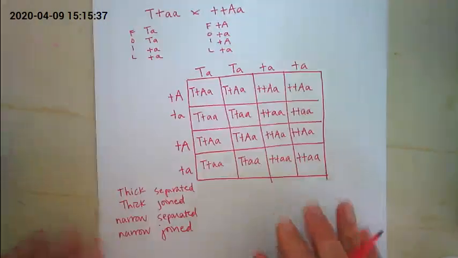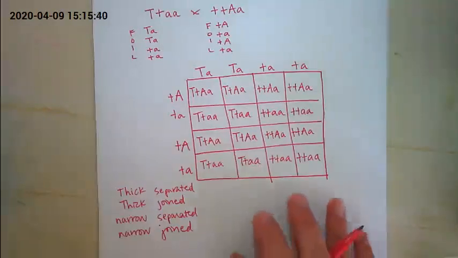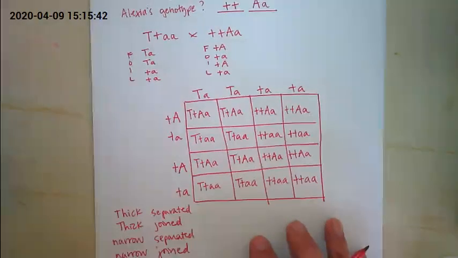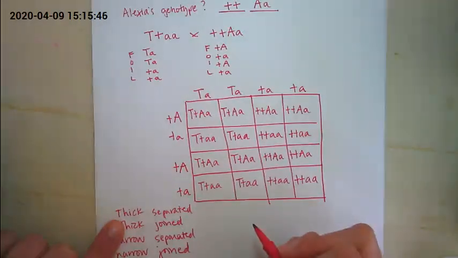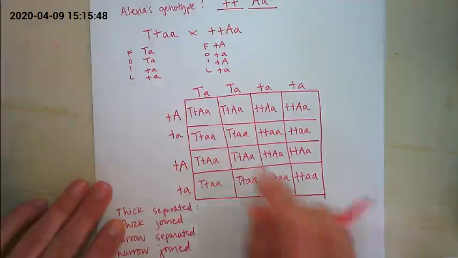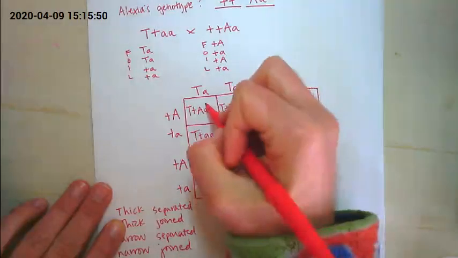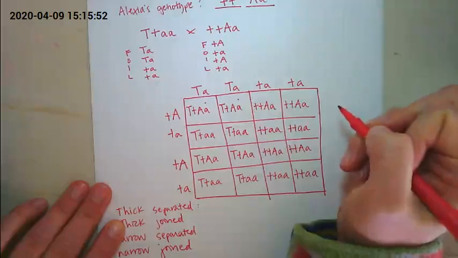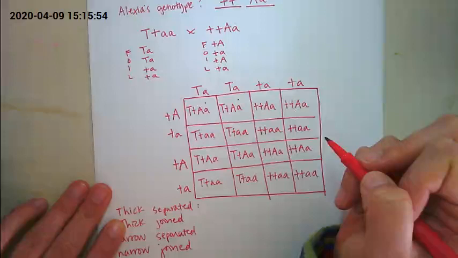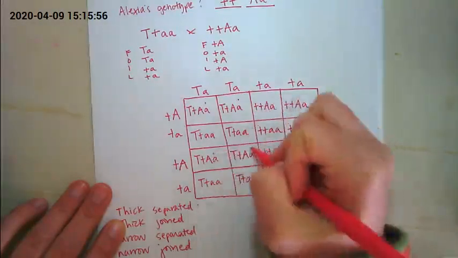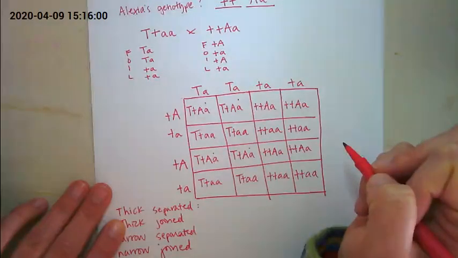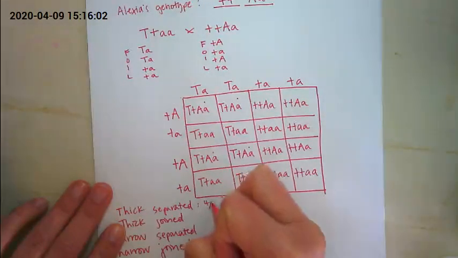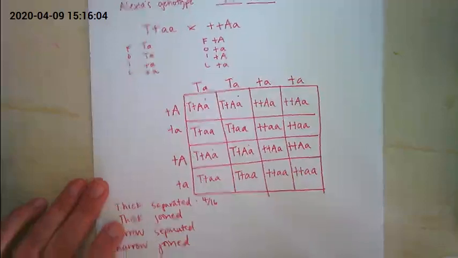So those are our different phenotypes. To be thick and separated, you have to have one big T and one big A. We've got 1, 2, 3, 4. So we have 4 out of 16 thick and separated.